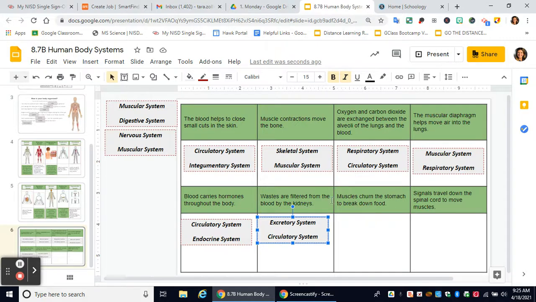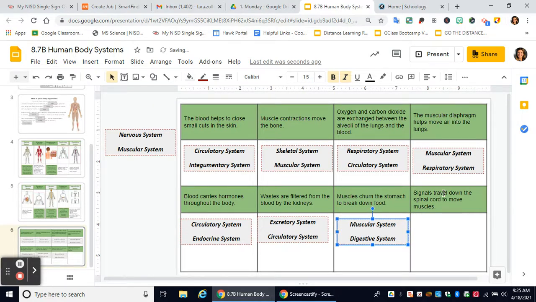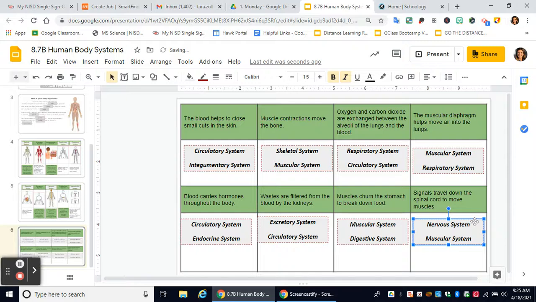So muscular system and digestive. And then lastly, signals travel down the spinal cord to move muscles. So signals and spinal cord, that's going to be your nervous system. And we're talking about your muscles, so that would be the muscular system. All right, so I hope you're familiar with your body systems and functions and how systems work together.